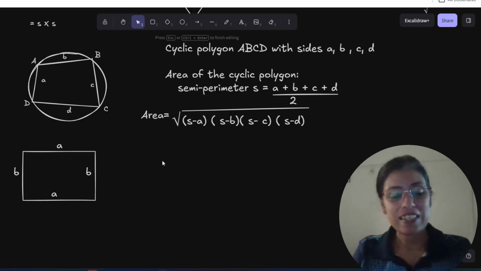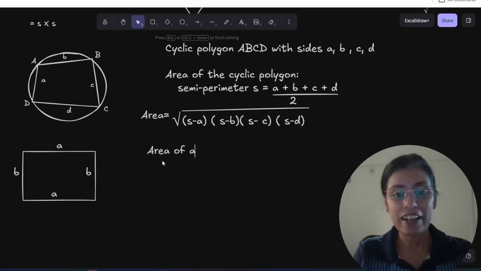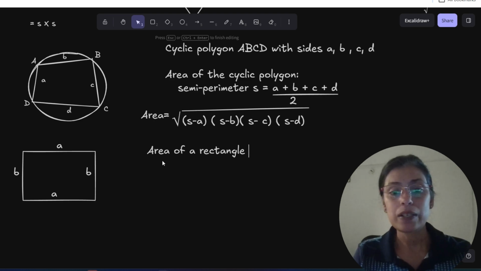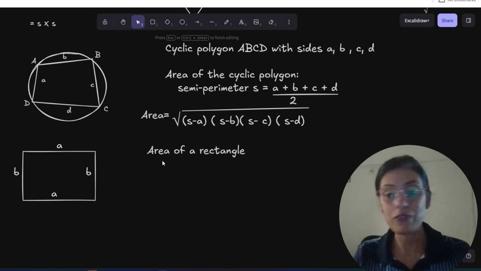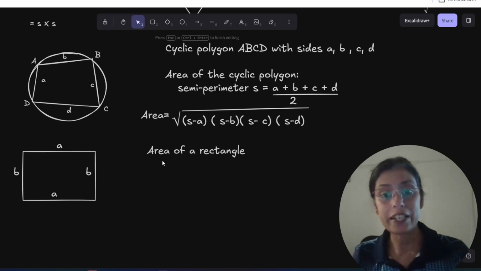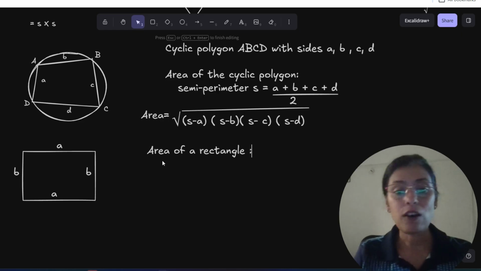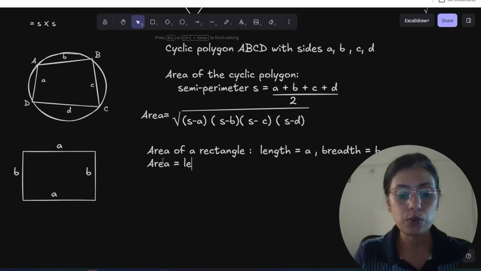Okay, so we'll start with the area of a rectangle. We know a rectangle is already a cyclic polygon, which is why we have taken a rectangle to test this. Here we have been given length A and breadth B. Area is length into width, simple.